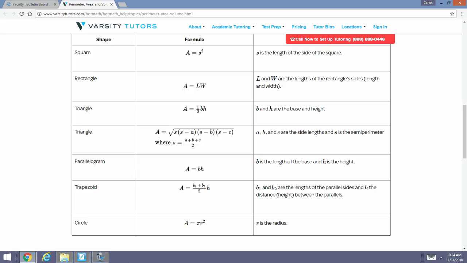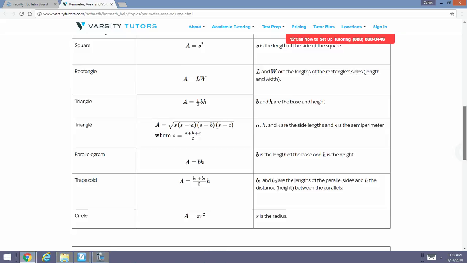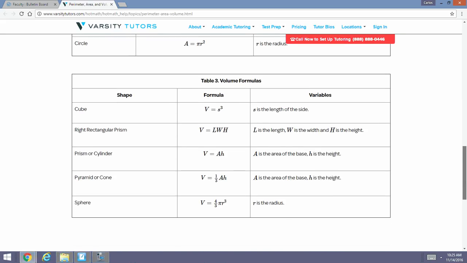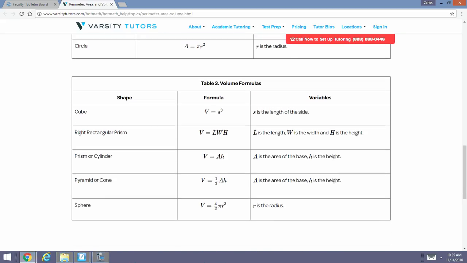If you don't learn them, though, when you're looking at word problems, it's going to be extremely difficult if you don't know the formulas. So please know those. And then also volume. You have volume of a cube, right rectangular prism, of a cylinder, or pyramid, or cone, or a sphere. Again, all of this you saw last year. So this is just a refresher, a reminder.